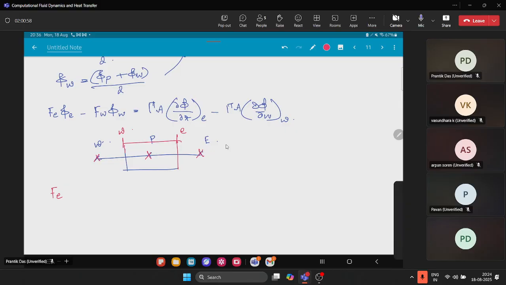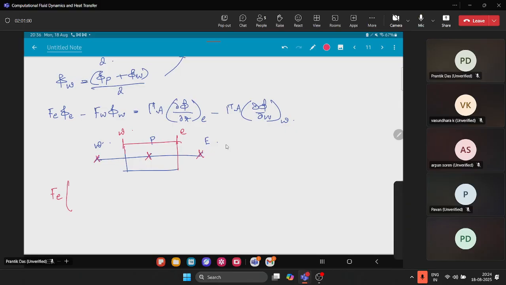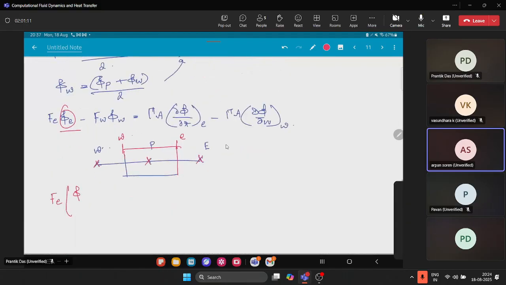Any of you in the class? What will be phi small e? I derived it now, so you can use this expression. So phi capital E plus phi P by 2. Okay, correct. And another one will be phi P plus phi capital W divided by 2.